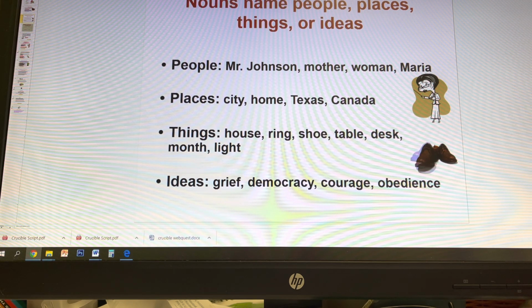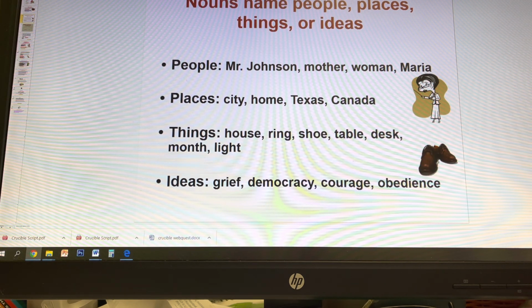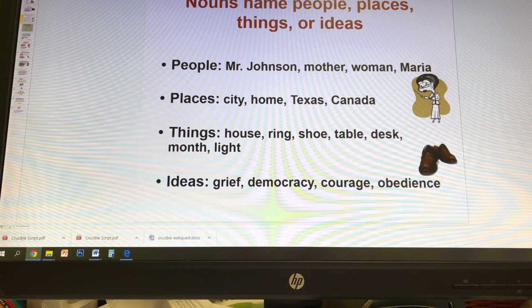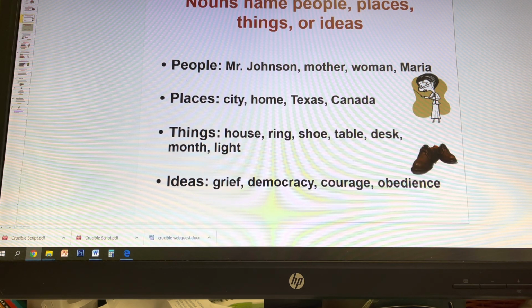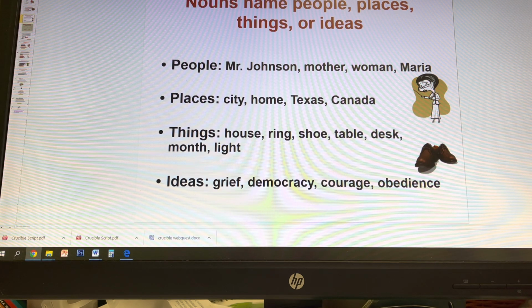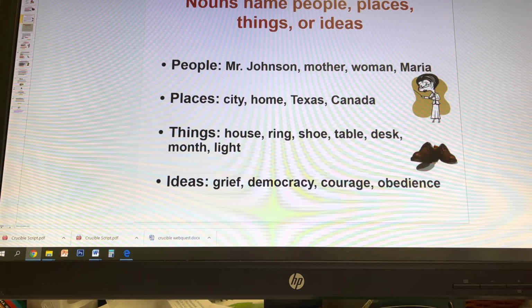You could spell it, but you wouldn't understand it. So once you got older and your brain was actually able to understand the idea of an idea, you added in ideas like grief, democracy, courage, and obedience to your list of nouns.